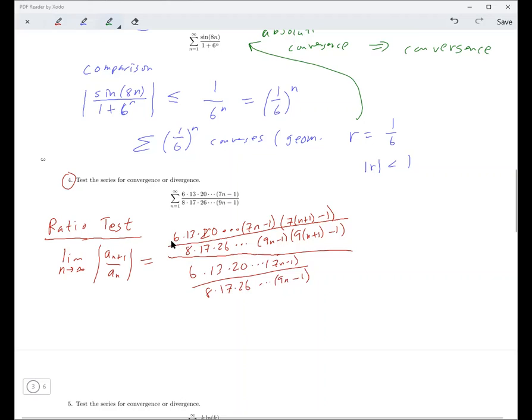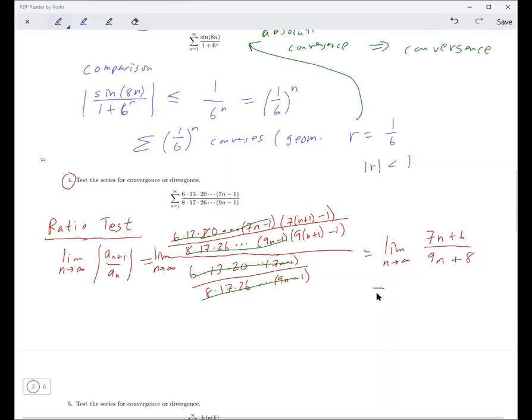Okay, and then of course all of this cancels with all that. All that cancels with all that. And I forgot to put the limits here. It happens every once in a while. So you just get this right here. What is this? 7n plus 7. So 7n plus 6 in the numerator and 9n plus 8 in the denominator.